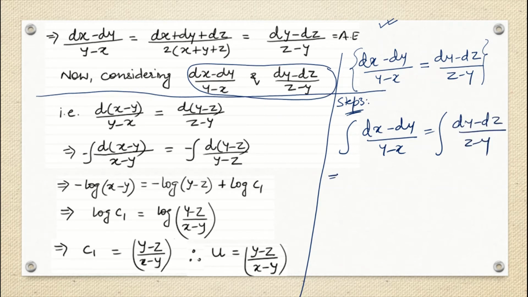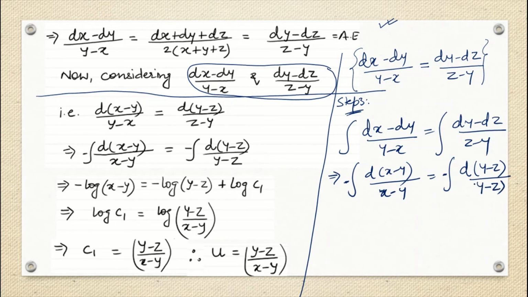Now I am going to write here d(x minus y) and then y minus x. So I can write x minus y, and then I take a minus here just to make it the same. The same concept I am going to apply here, and I write d(y minus z), and then I take out a minus, and this is your y minus z. Correct? Fine. So now minus minus gets cancelled, and you can substitute t equals x minus y.